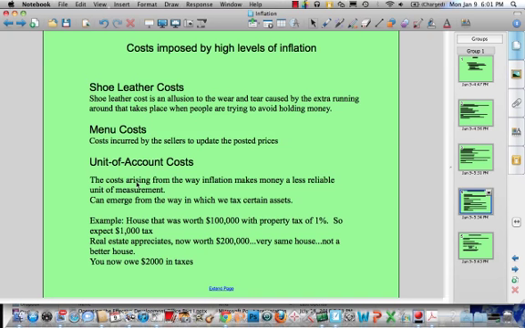Now, this unit of account cost can also emerge from the way in which we tax assets. Here's an example. A house that's worth $100,000 with a property tax of 1% makes us expect a tax of $1,000. If inflation is very, very fast and real estate appreciates very quickly, that house is now worth $200,000. It's the very same house, not a better house, not any different, but suddenly you owe $2,000 in taxes rather than $1,000 in taxes.